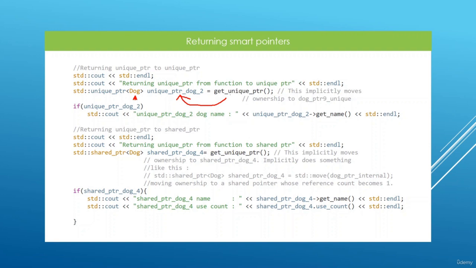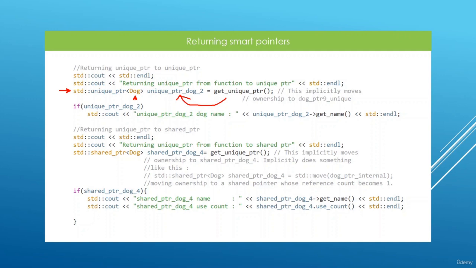So this is going to move ownership from the pointer in the getUnique function, and ownership is going to move to this external unique pointer, and it is going to be the only pointer pointing to this memory location.